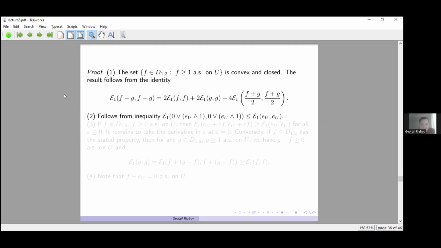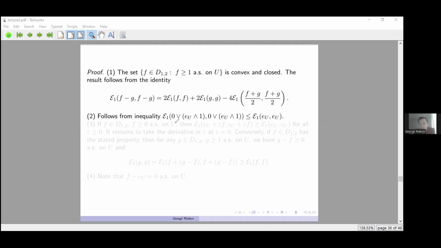The second property follows from the following inequality. If we take this function EU, we can apply to this function the following contraction: take the minimum with 1 and the maximum with 0. Then it will reduce the inner product.